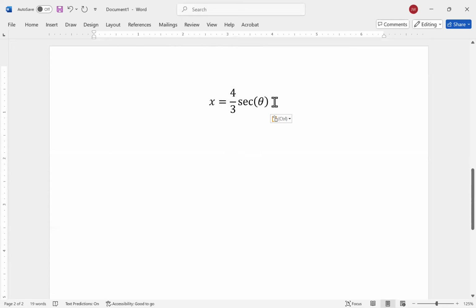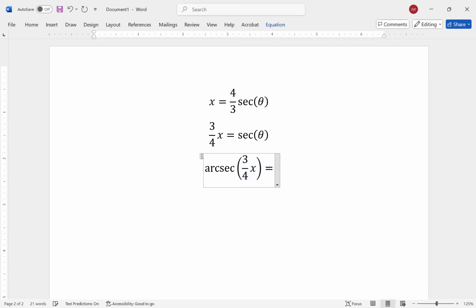If I'm solving for theta, when you multiply by the reciprocal, 3/4 x is equal to secant of theta. And therefore the arc secant of 3/4 x, or 3x over 4, is equal to theta. So that's what theta is.